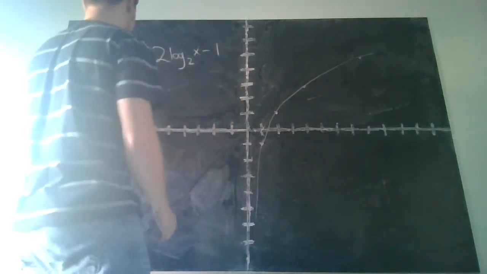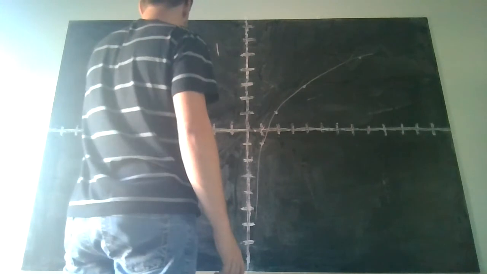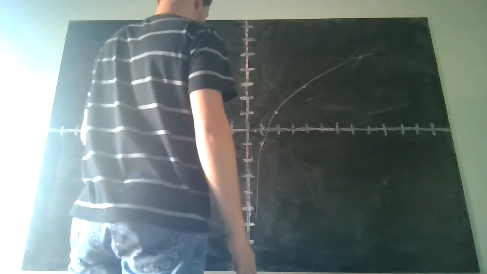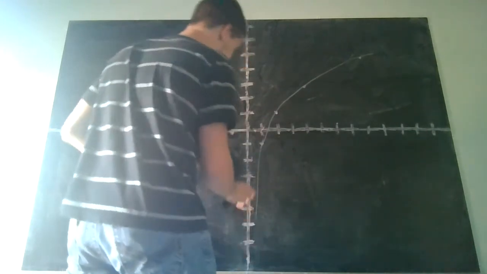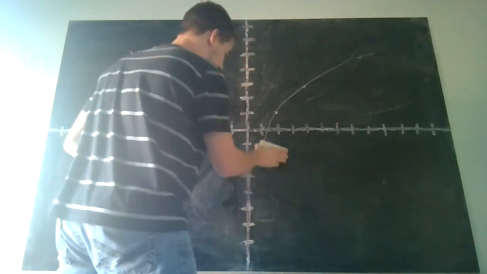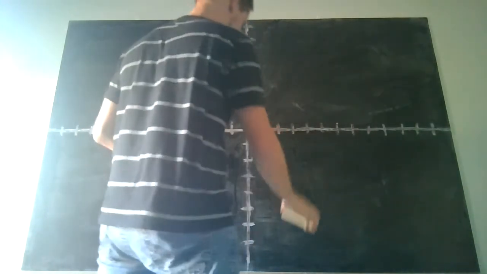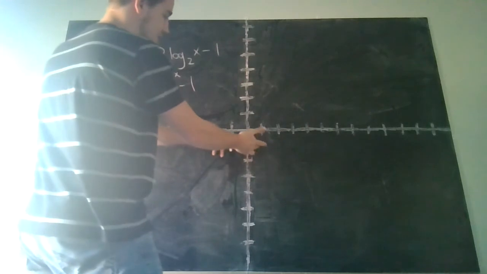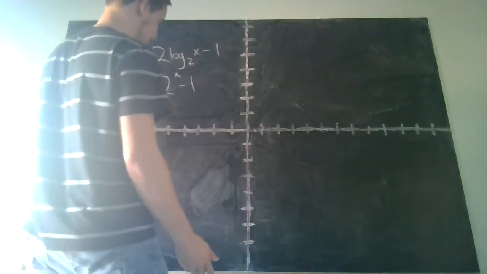If we instead did y equals 2 to the x minus 1, then we would have something similar to our first one that we did with the exponential, except our function would have a horizontal asymptote. Basically, it never crosses this line, because this part never gets below 0.